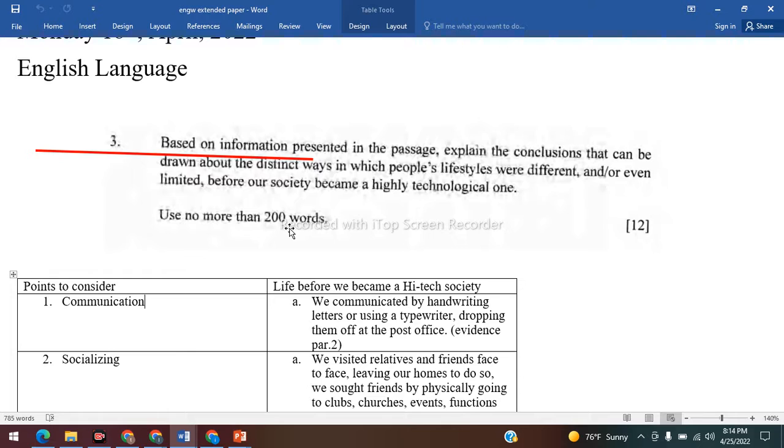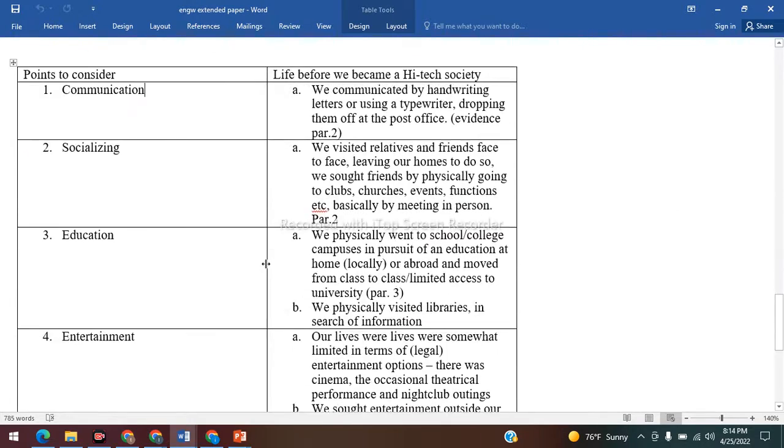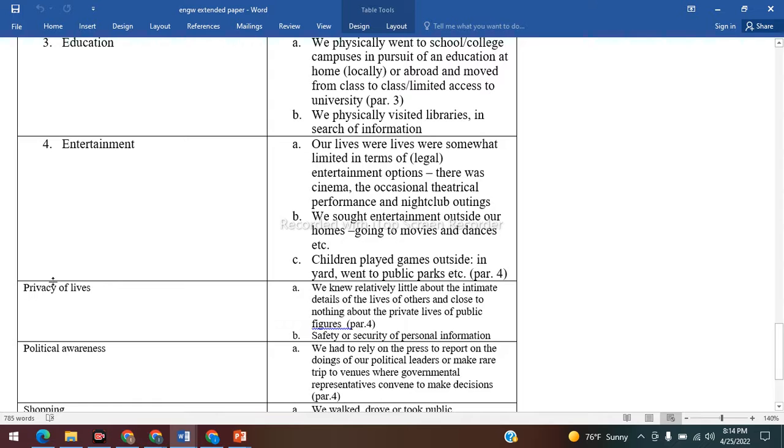We were talking about, based on information in the passage, how can we compare what happened back then to what is happening now?